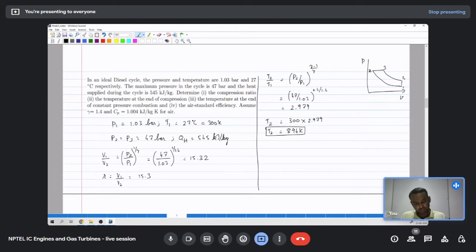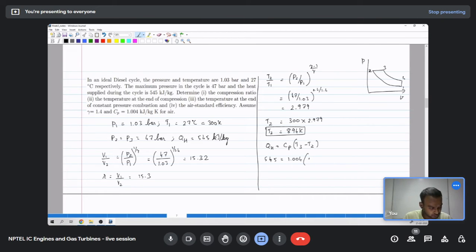Using the heat addition, we can now calculate the temperature at the end of constant pressure combustion. So we have QH is equal to Cp into T3 minus T2. Now QH is given as 545 and Cp is 1.004. So the QH is also given in kilojoules and Cp is also in kilojoules, so I can use it directly without any conversion.